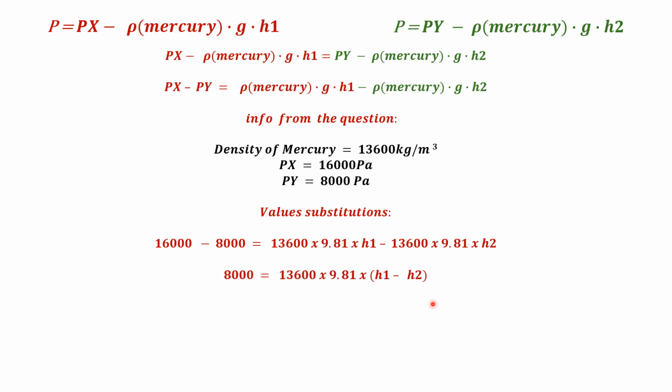The next step is we have in common the density and G, so this is the expression. And now I'm going to divide 8,000 by this value. So the result is 0.06 meter, and in centimeters is 6 centimeters.